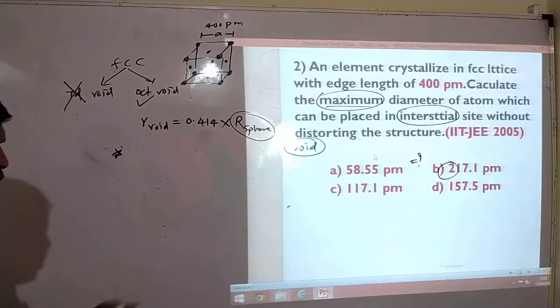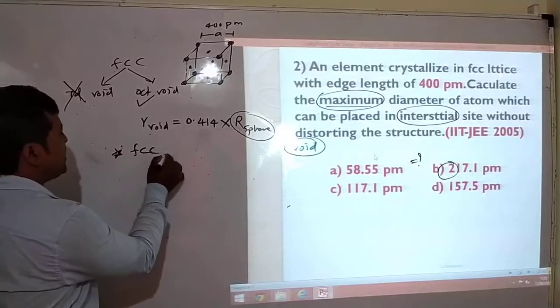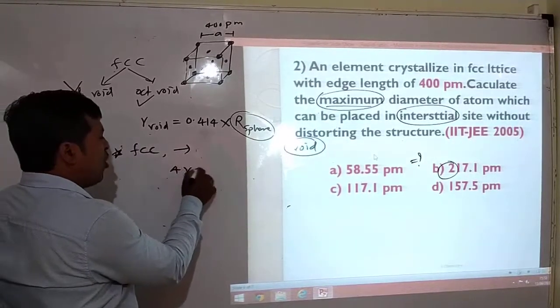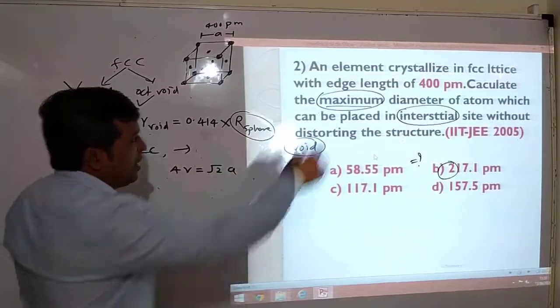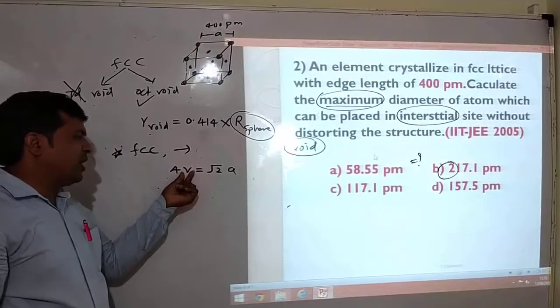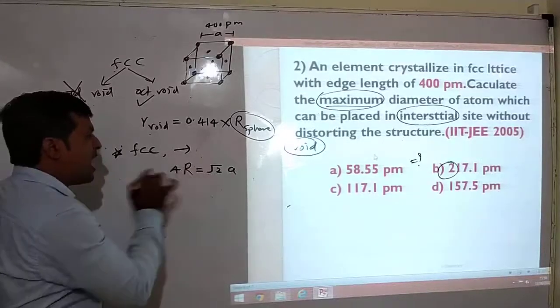You must know the relation for FCC: for the face diagonal, 4R is equal to root 2 A. They provide the numerical A, that is the edge length, and you have to calculate the radius of this sphere. Here we can say capital R.